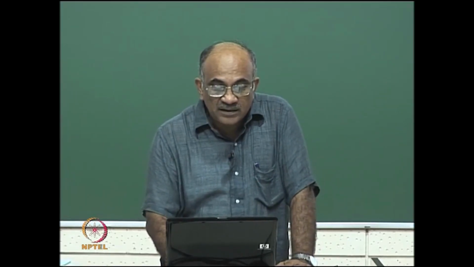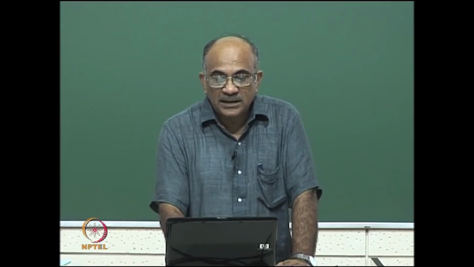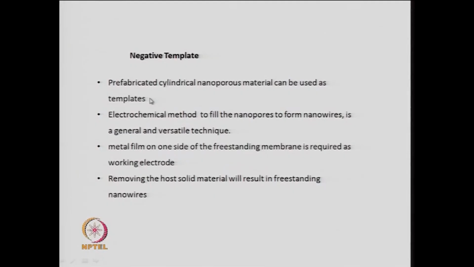So, what are these negative templates? Prefabricated cylindrical nanoporous materials can be used as negative templates, and many such materials are known. Using the electrochemical method, you fill those nanopores with the material of choice, normally metals or conducting polymers, to form nanowires, and it is quite common and quite versatile.